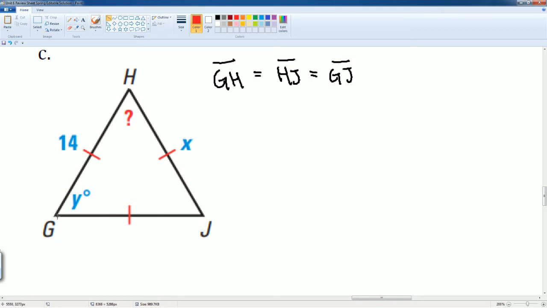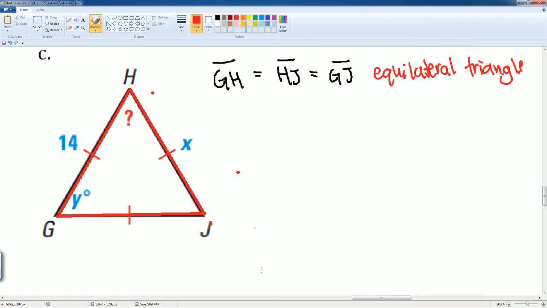So line GH is equal to line HJ, which is equal to line GJ. If all three sides are the same, we call this an equilateral triangle.